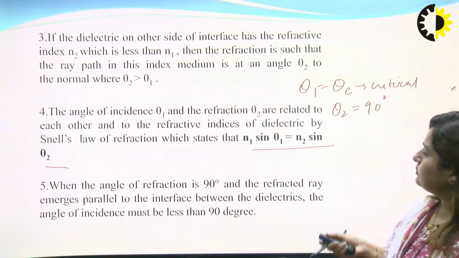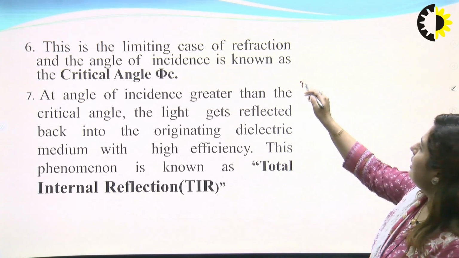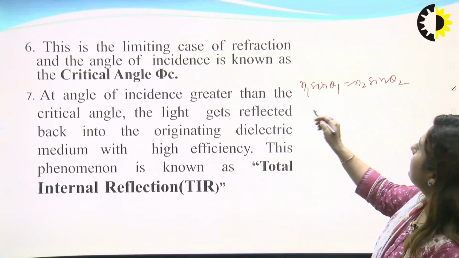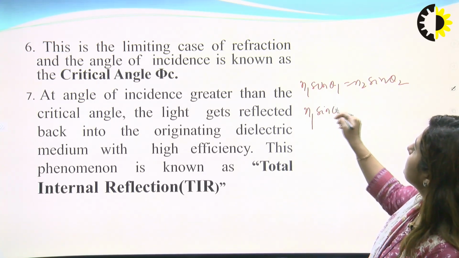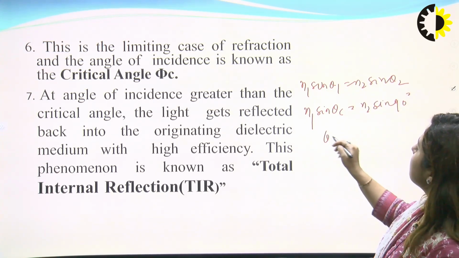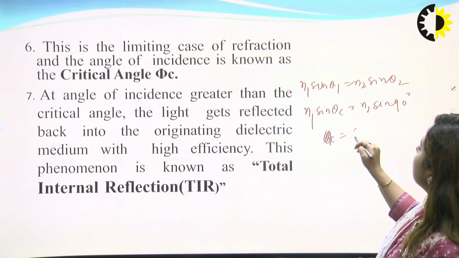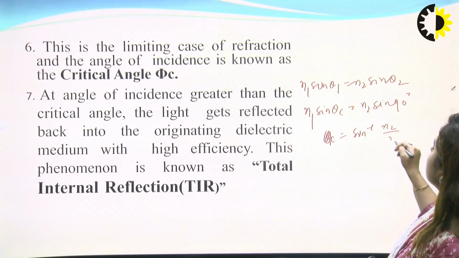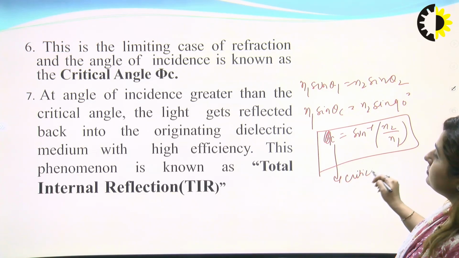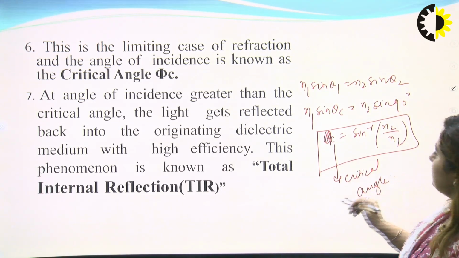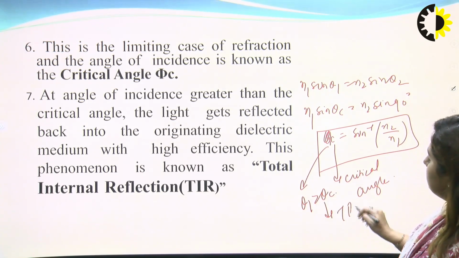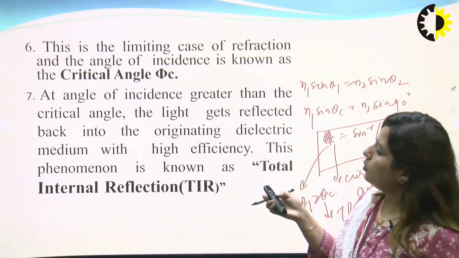Putting in the values, N1 sin theta c equals N2 sin 90 degrees, so theta c equals sine inverse of N2 by N1. This theta c is your critical angle. If you increase the angle theta 1 beyond theta c, then TIR will occur. So this is the whole process.